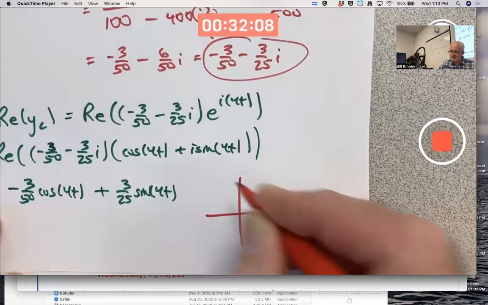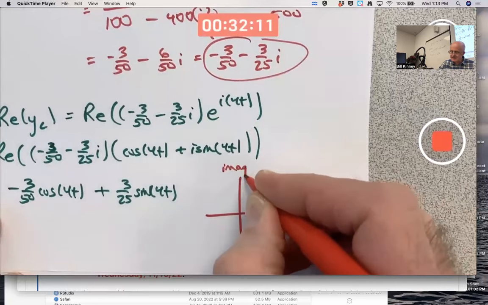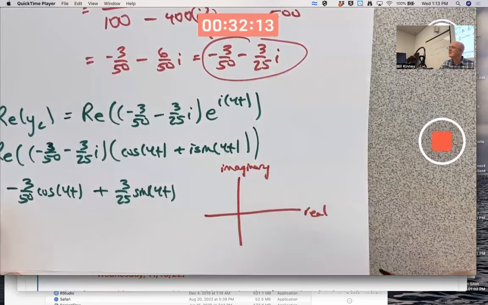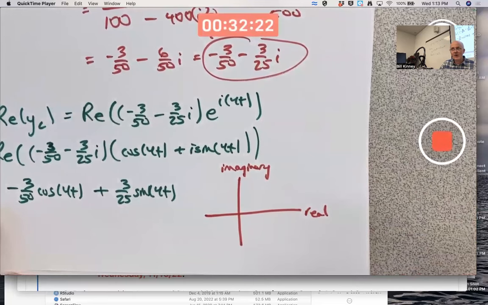This is called the complex plane here. We've had so many planes in this class, haven't we? We've had TY planes where we draw slope fields. We've had graphing the f of y versus y functions where we helped us make phase lines. We've had phase planes.